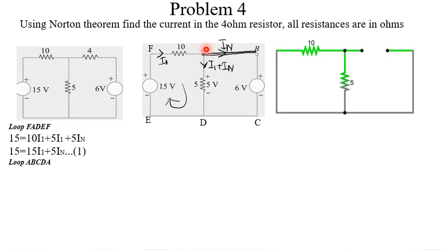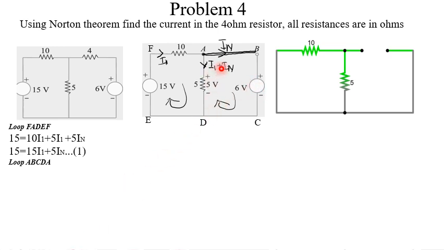We take loop ABCDA, and taking that loop, let us take it in the anti-clockwise direction. Here we are moving from a higher potential to a lower potential through our voltage source, that's minus 6 volts.